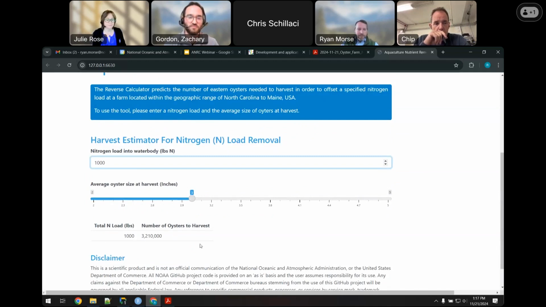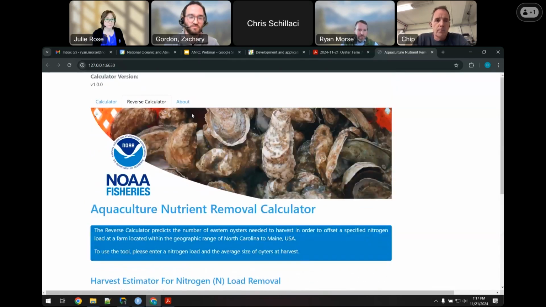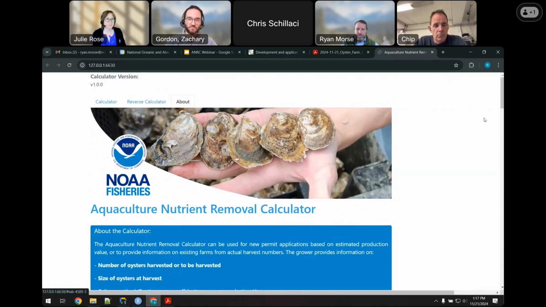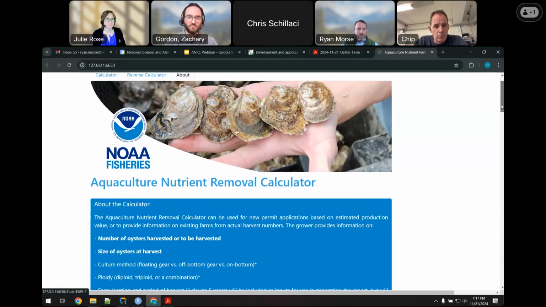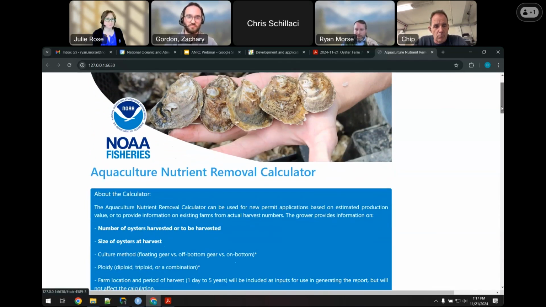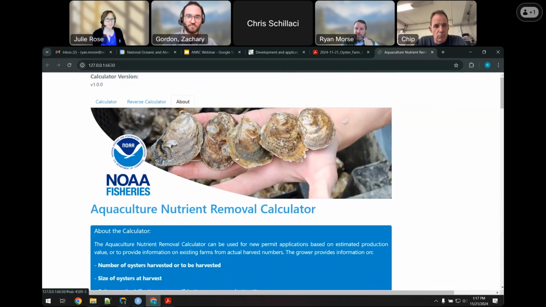And you can see right here, it's saying that you need 3,210,000 oysters harvested to offset a nitrogen load of 1,000 pounds. So that was just a quick little demonstration of that aspect there. And that was something that we just threw in as maybe an educational tool, something that you can just play around with to see the effect of oysters on the nitrogen.